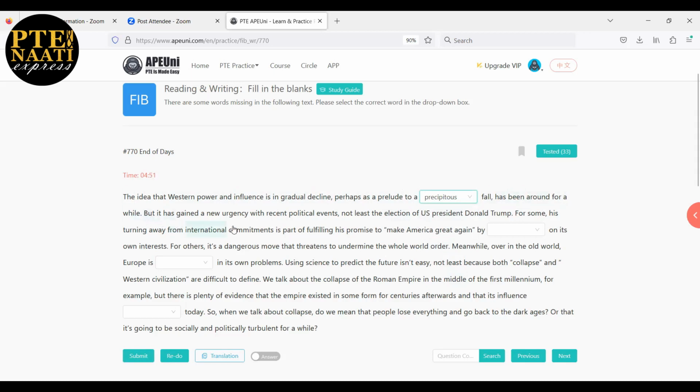There are some unnecessary sentences, but it has gained a new urgency with recent political events, not least the election of US President Donald Trump.